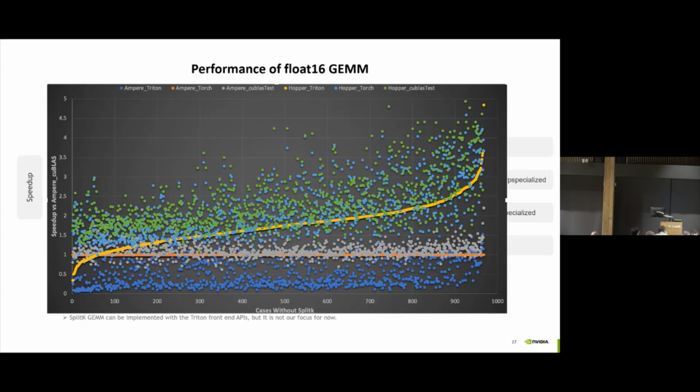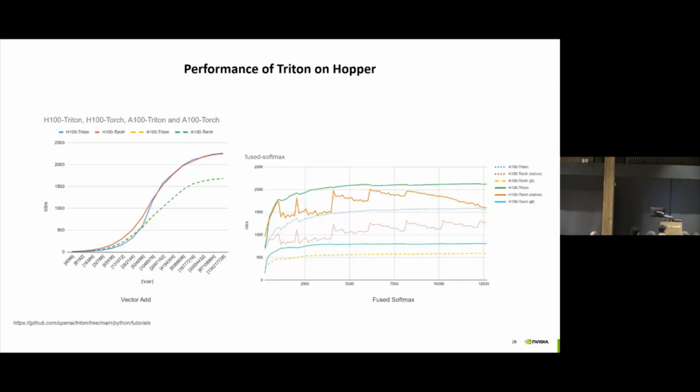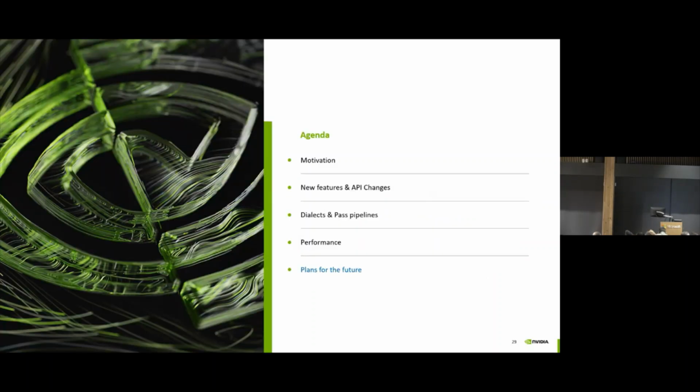We can see that for some problem sizes Triton is still better than cuBLAS, but for some it's relatively worse, which is quite similar to what Phil said before. Also here is some performance for several memory-intensive kernels. We can see that for vector add and softmax, the performance is relatively decent.